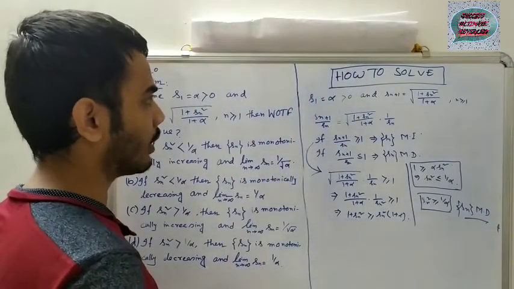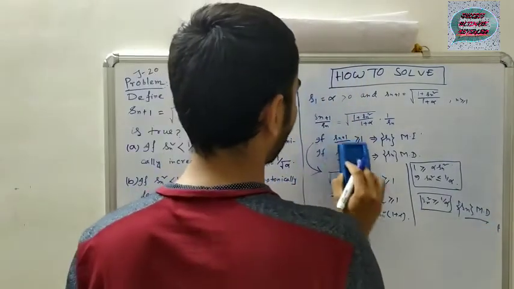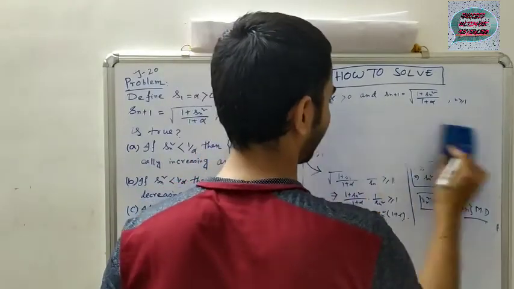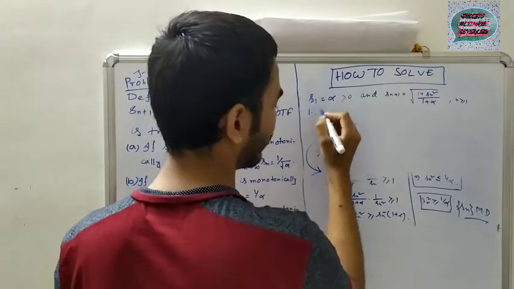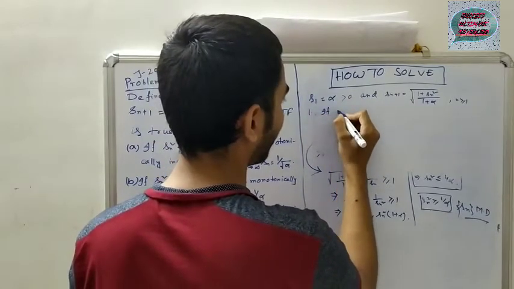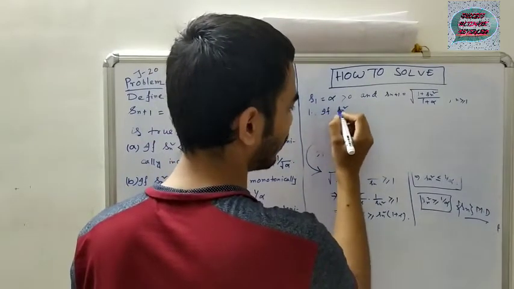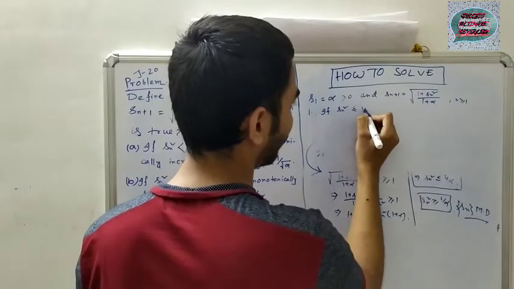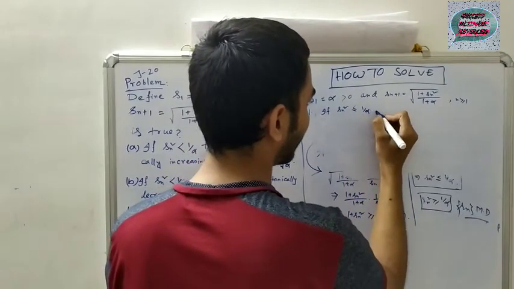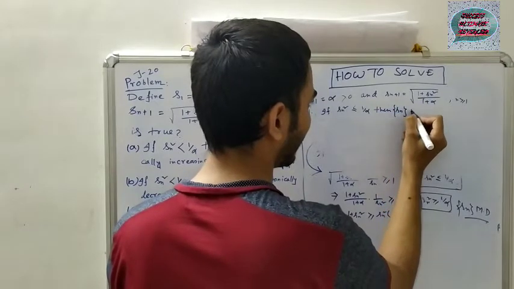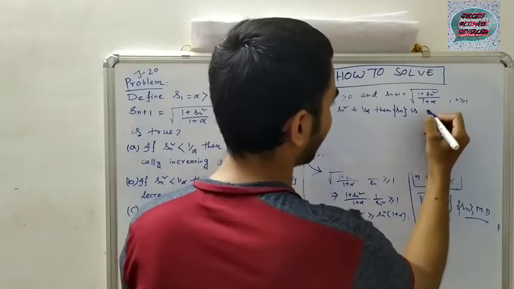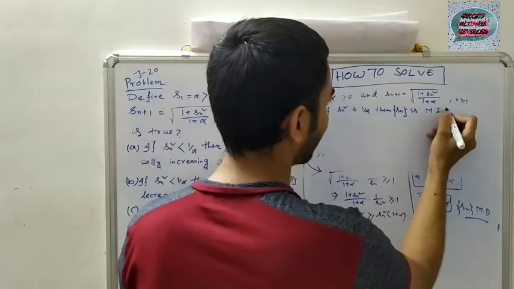So we find two results. First result: if Sn square is less or equal to 1 by alpha, then Sn is monotonically increasing.